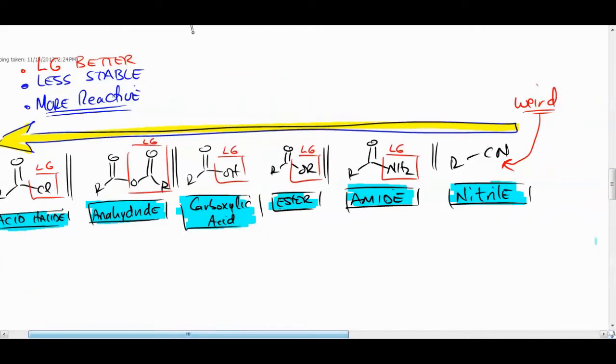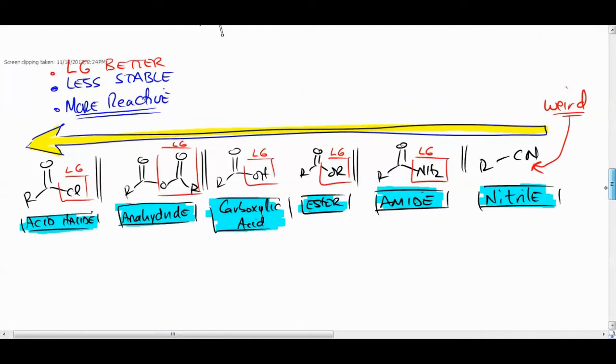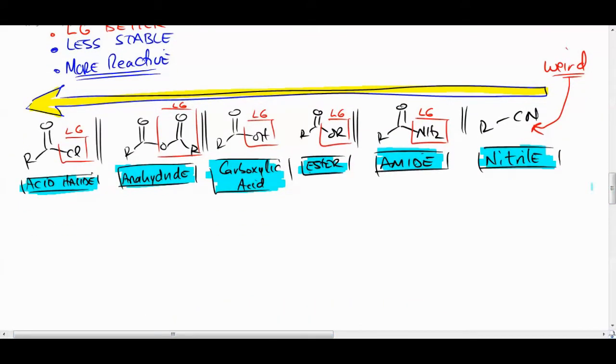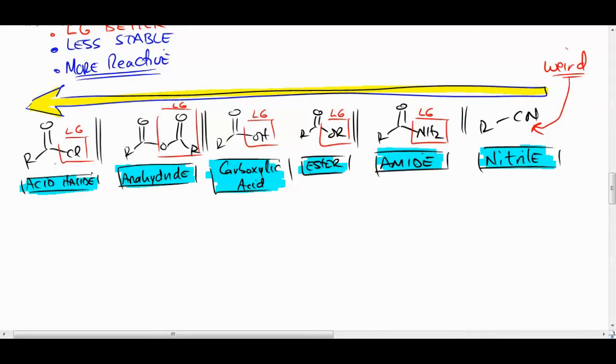Alright, so we said that these guys are called the carboxylic acid derivatives. Do you remember why they were called the carboxylic acid derivatives? Because they can always make a carboxylic acid. That's right.